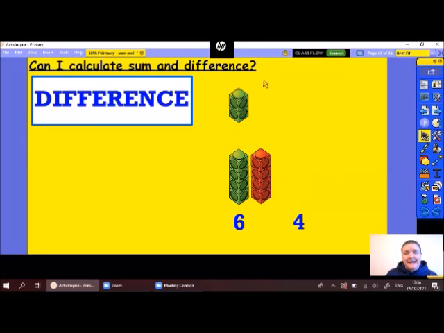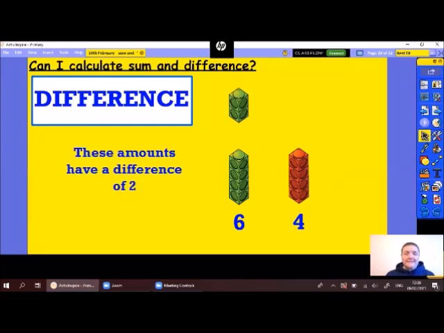The difference just means how many more does this tower have than the other tower? Or what do you need to take away to make them the same? We would say that these amounts have a difference of 2 because it's these 2 extra blocks that make the green tower different from the red tower.